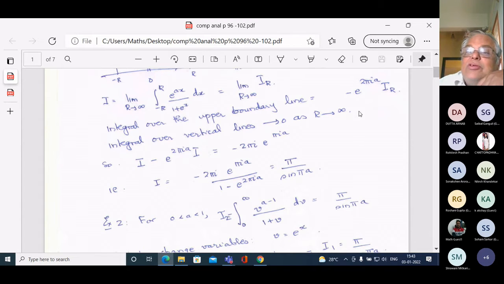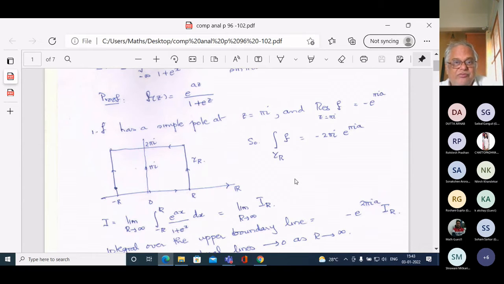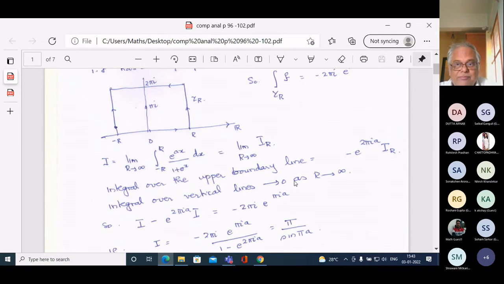So there's a minus sign coming in, and there's this factor because everything gets multiplied by e raised to 2 pi i a. Therefore you get I times (1 minus e raised to 2 pi i a) equal to this. You simplify that, and you get I is equal to pi over sine pi a. So this is just a consequence of the residue theorem.